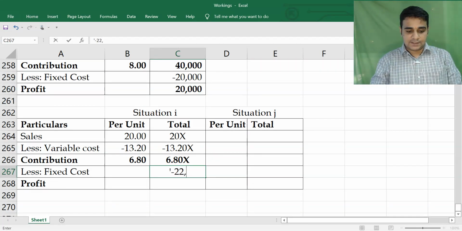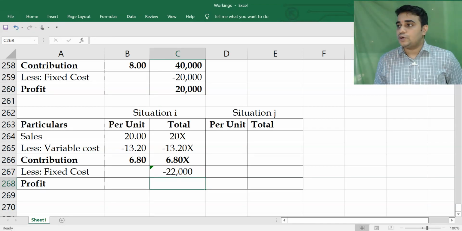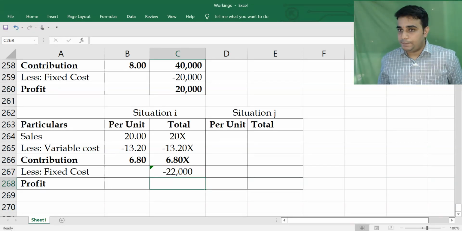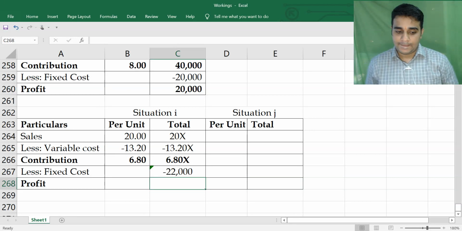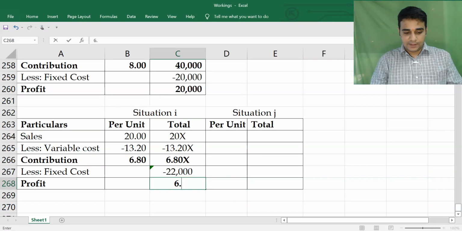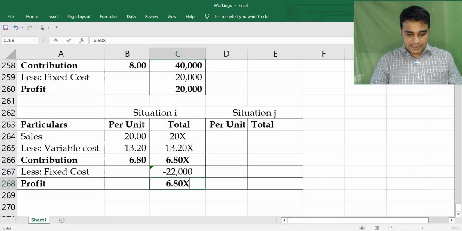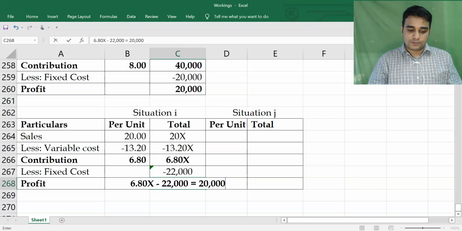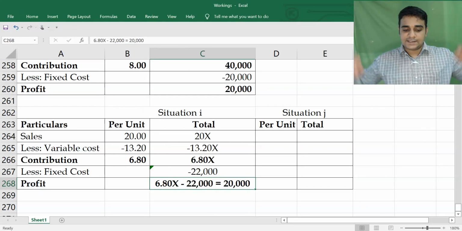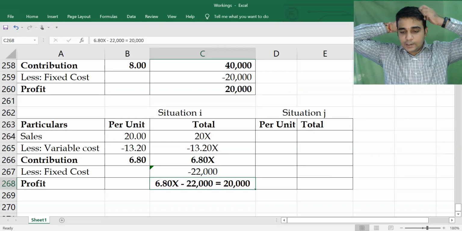Fixed cost is 22,000. 20,000 will go up by 10%, 22,000. And this is 6.8x minus 22,000 is equal to, they wanted to maintain the same profit, equal to 20,000. 6.8x minus 22,000 equal to 20,000.